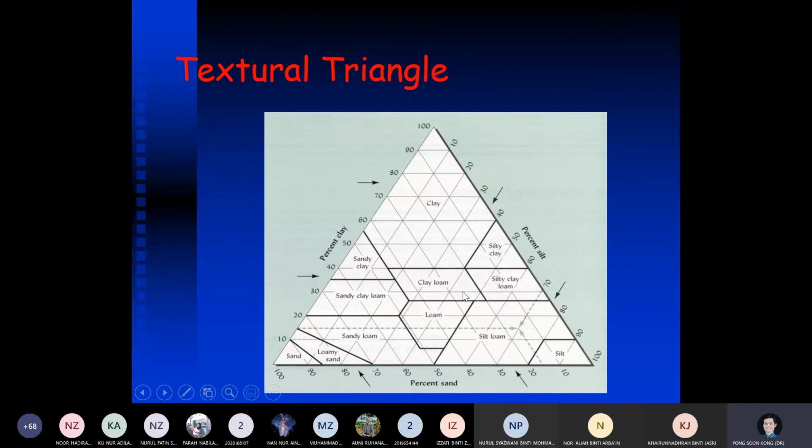So these are the textures that you can actually determine by using your fingers. Of course, you cannot know the percentage exactly, because if you test it with your fingers, you can just guess which group of loam it is, and then you can probably guess around what percentage you have.